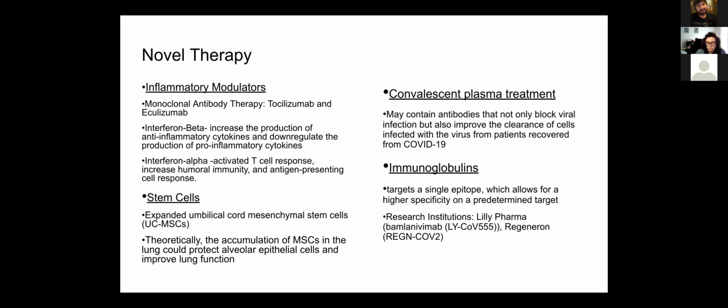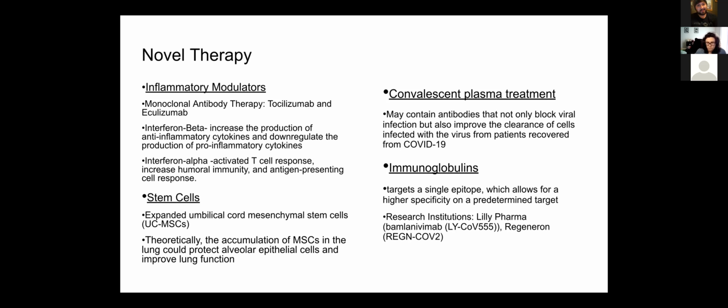That's just the beta, and the alpha actually activates T cell responses. So we can see that there are different kinds of strategies throughout finding what we could use for this disease.